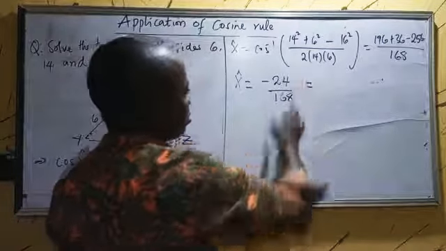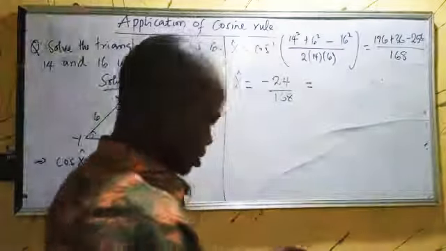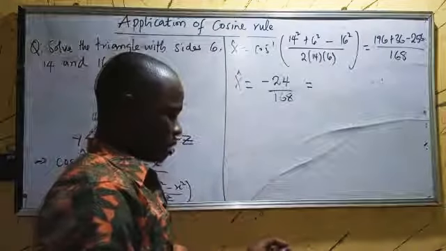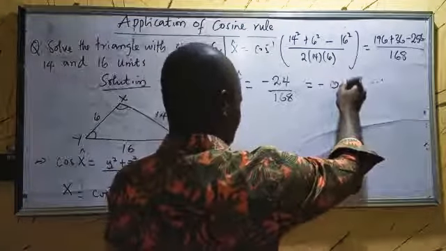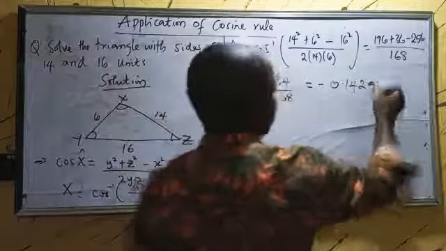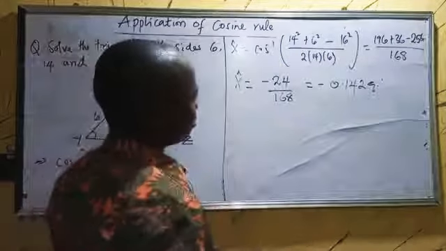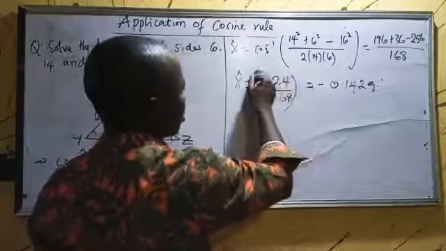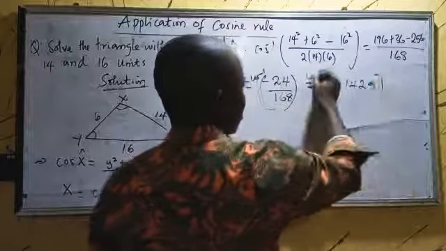So 24 divided by 168 gives us minus 0.1429. You understand now? Don't forget your cos inverse.